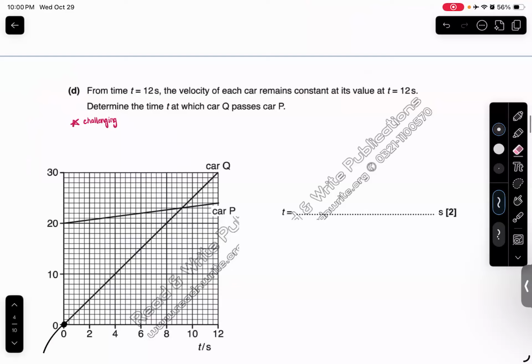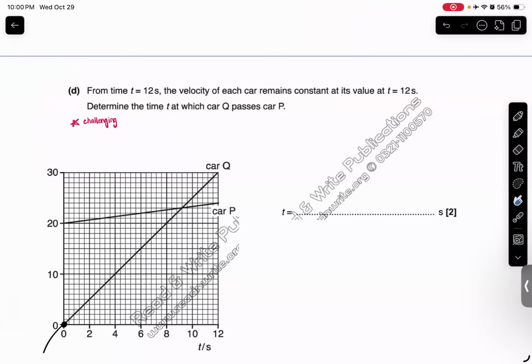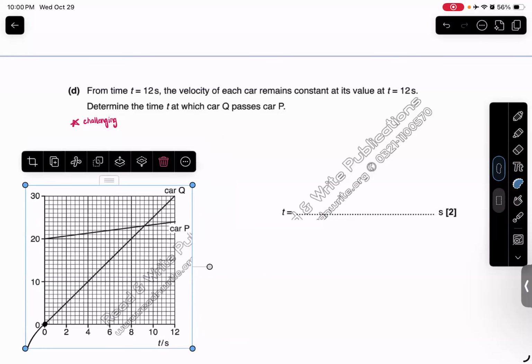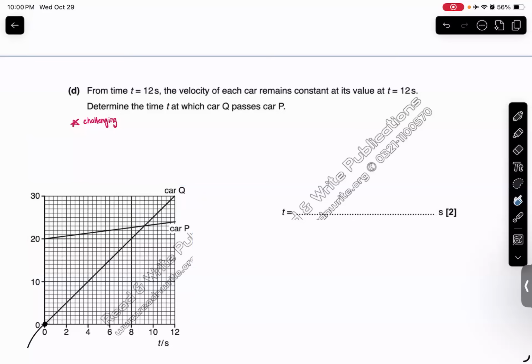Yes, Aris, what do you think? What should we do? Any ideas? This is one of those distinction level questions. If you can do this, that means you are a great physicist and you will get an A star confirmed.